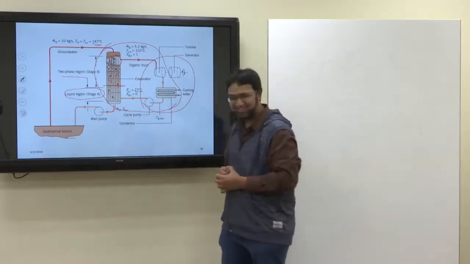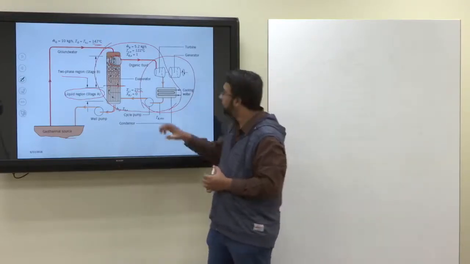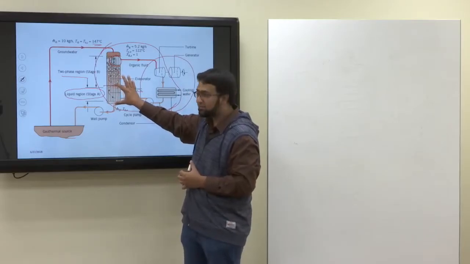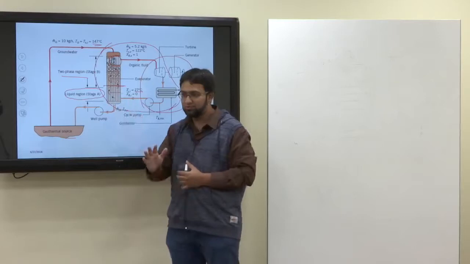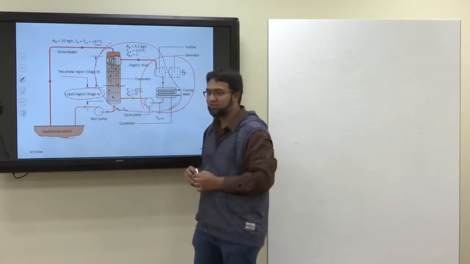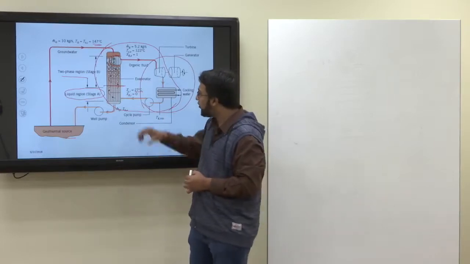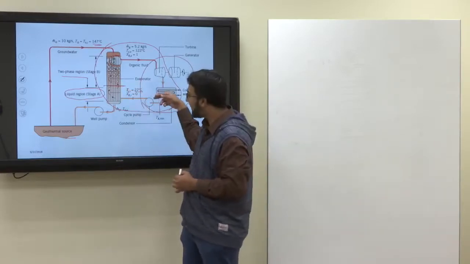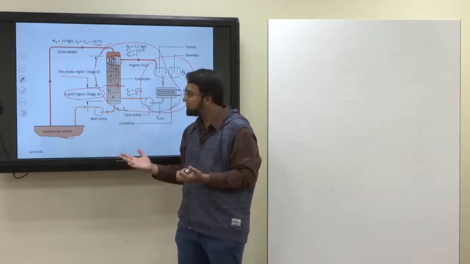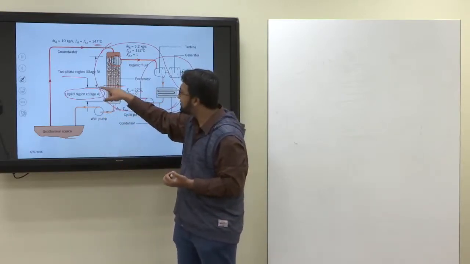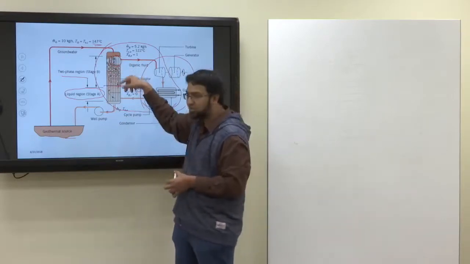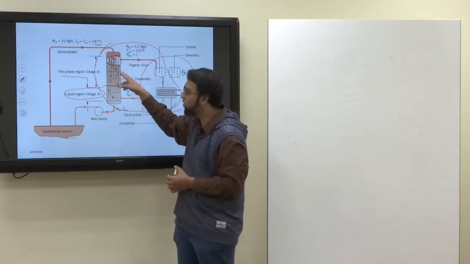Is it clear? First of all, this is counterflow. In any case, it is counterflow. In this region, it is all liquid. Your organic fluid is liquid, and your groundwater is liquid as well. But when it starts into stage B, the groundwater is liquid, but the organic fluid starts boiling.